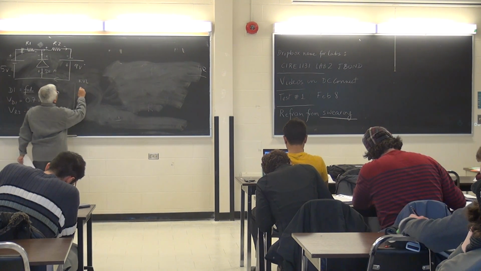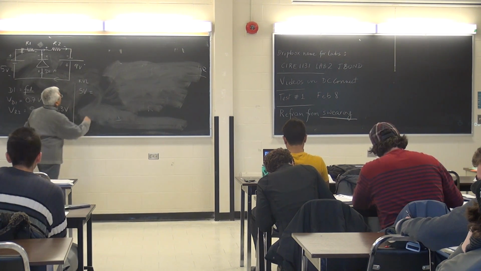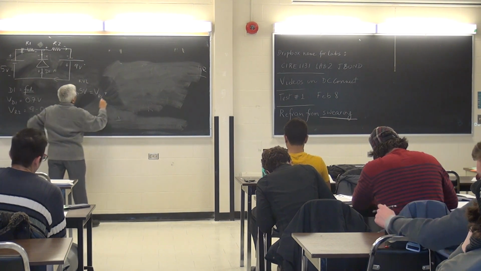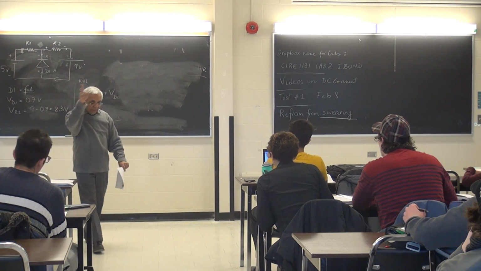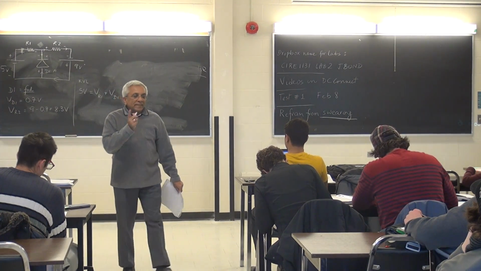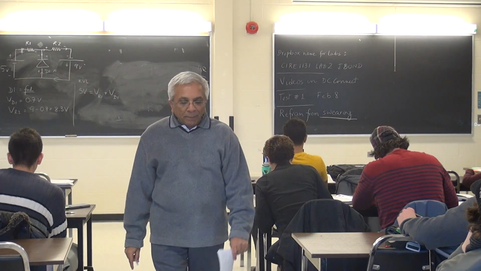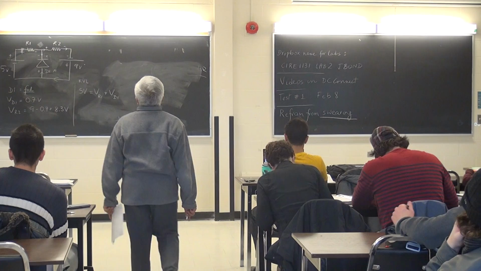So I've got 5 volts is equal to the voltage at VR1 plus the voltage at the diode. Everybody see that? So on the left side, the voltage supply should equal the voltage drops. So one drop is at R1 and the other drop is at the diode.